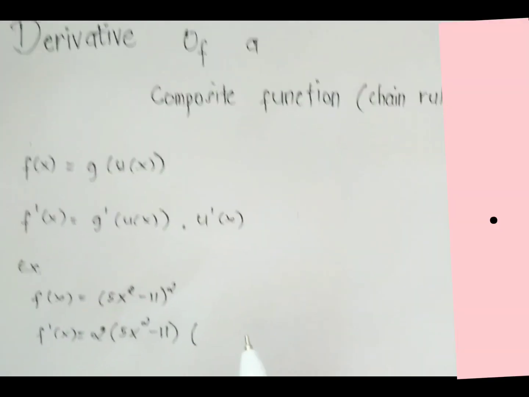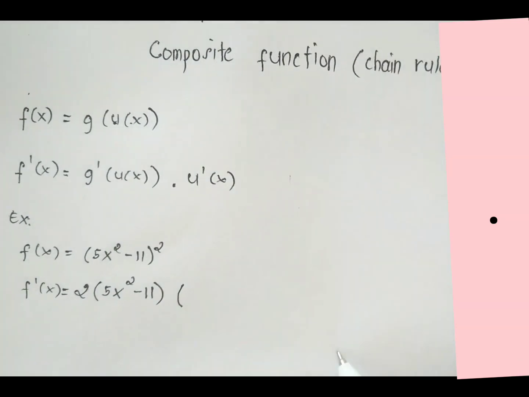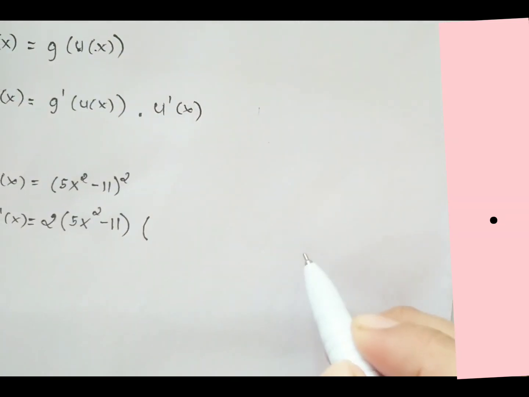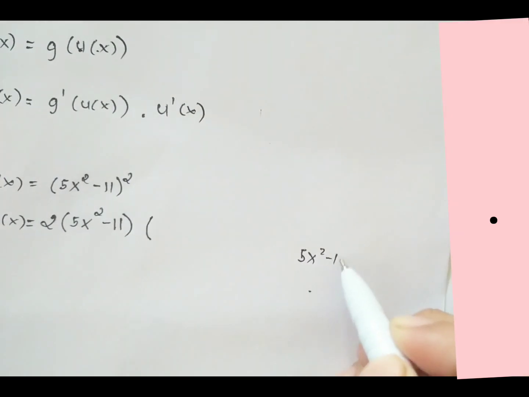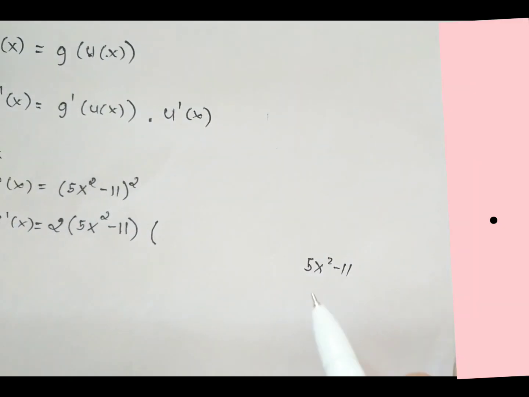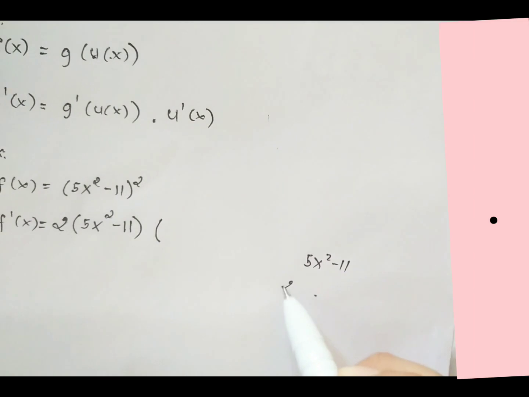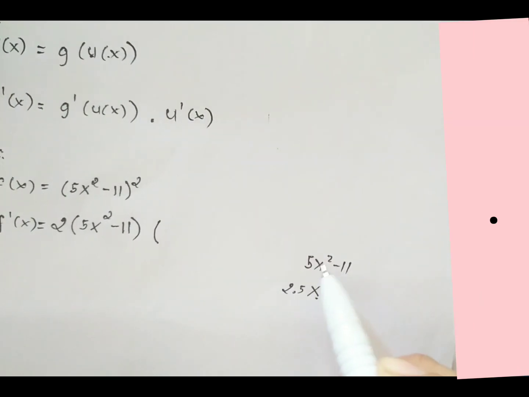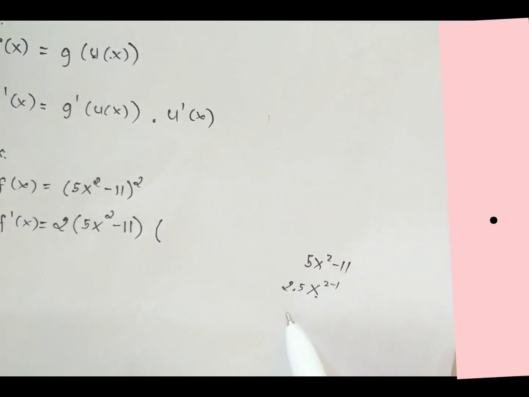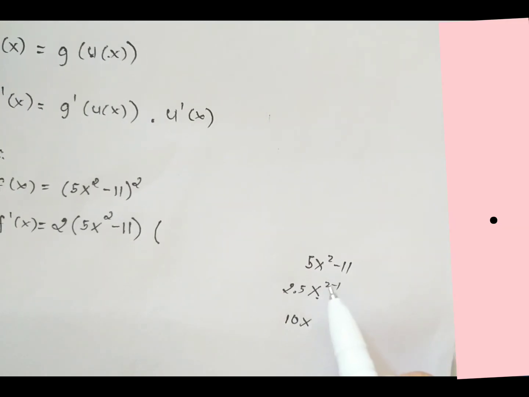To find the derivative of that one: 2 times 5 gives us 10, x raised to 2 minus 1, so this is understood as 1.